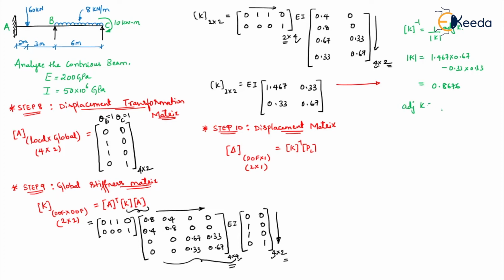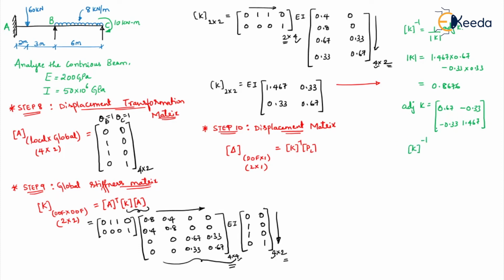Then you have to write the adjoint of K. For writing the adjoint of K for a 2 into 2 matrix, you just change these values. Write 0.67 here and 1.467 here, and these other values you just put as negative. So this is your adjoint of K. What will be your final K inverse?